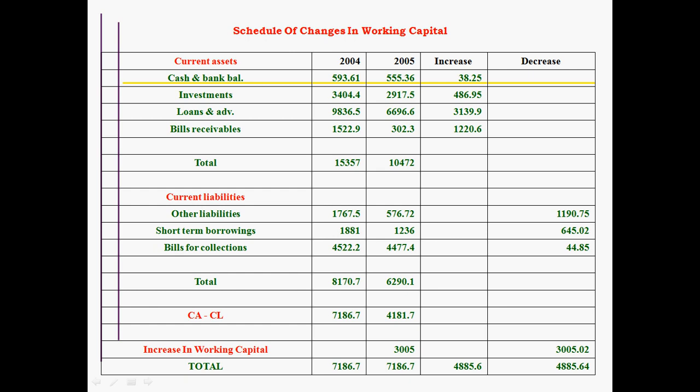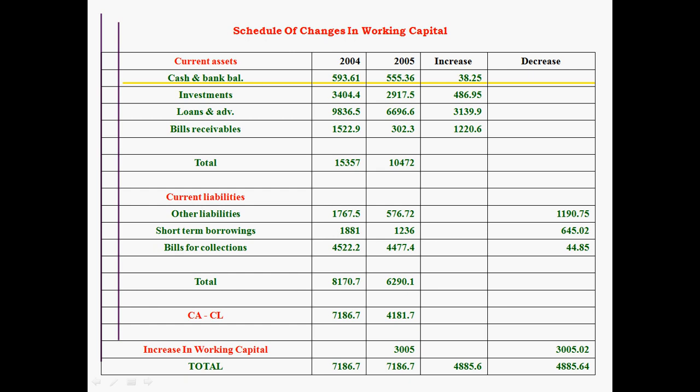Now you can see the cash and bank balances from 2004 to 2005 increase. Investments are also increasing, loans and advances increase, bills receivable increase. But in the liabilities, other liabilities are decreasing, short-term borrowings are decreasing, and bills for collection are decreasing.